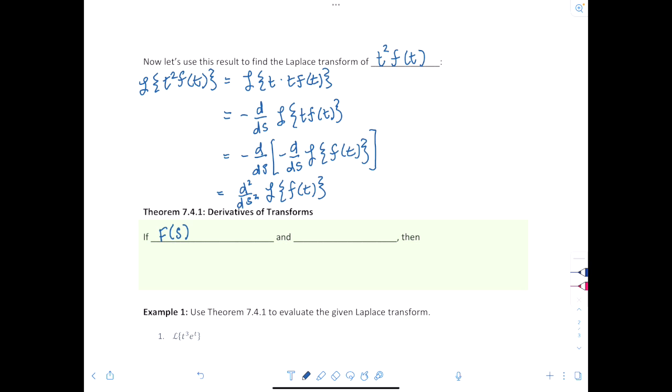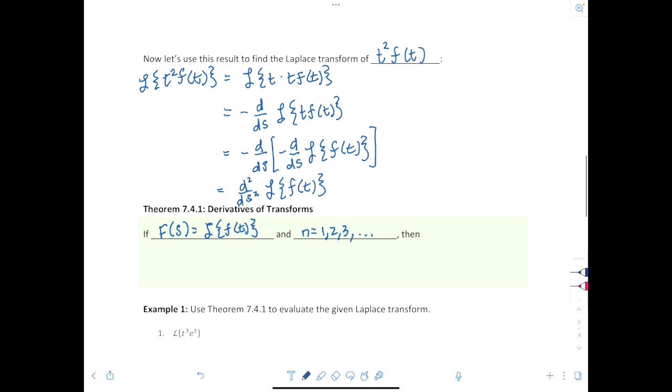So if capital F at s is equal to the Laplace transform of f at t, then for n equal to 1, 2, 3, and so on, the Laplace transform of t to the n times f at t is equal to negative 1 to the n, so we get the correct sign, because notice they're going to alternate, times the nth derivative with respect to s of the Laplace transform of f at t, which is pretty cool.